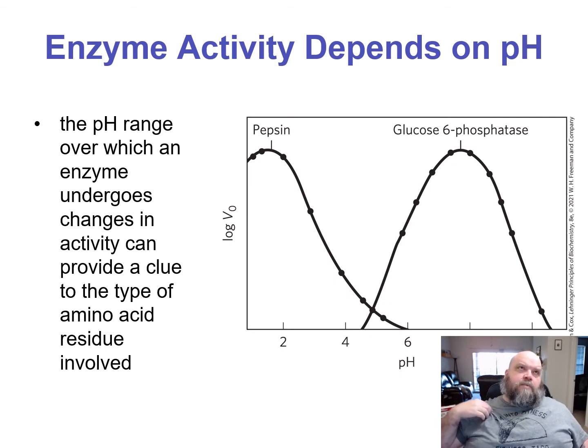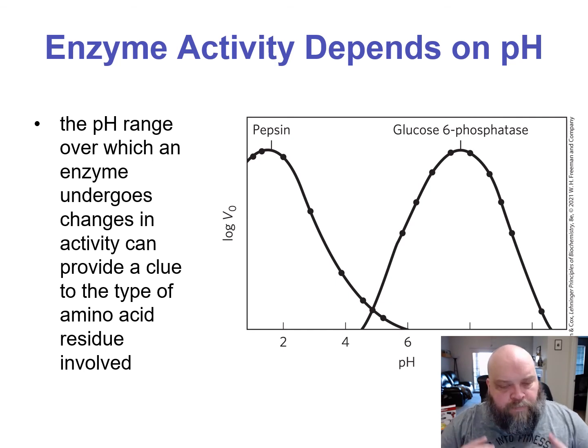And as we've talked about previously, you've seen it in this course and other courses, enzymes, because of their tertiary, quaternary structure and how everything's held together, pH is going to play a really big role in enzymatic activity. Here you look at pepsin and glucose 6-phosphate.